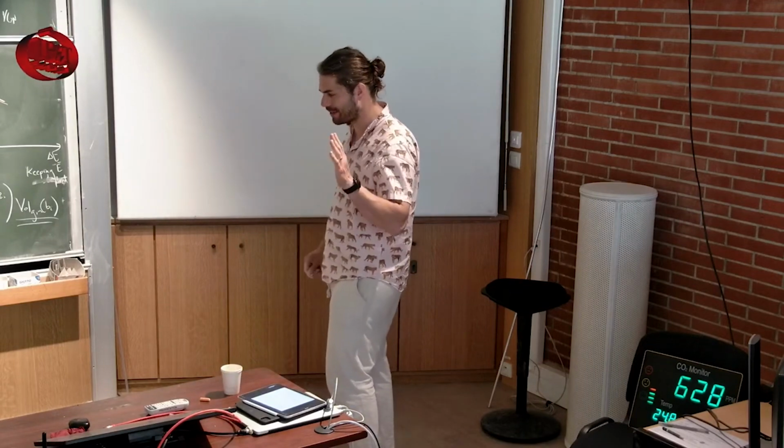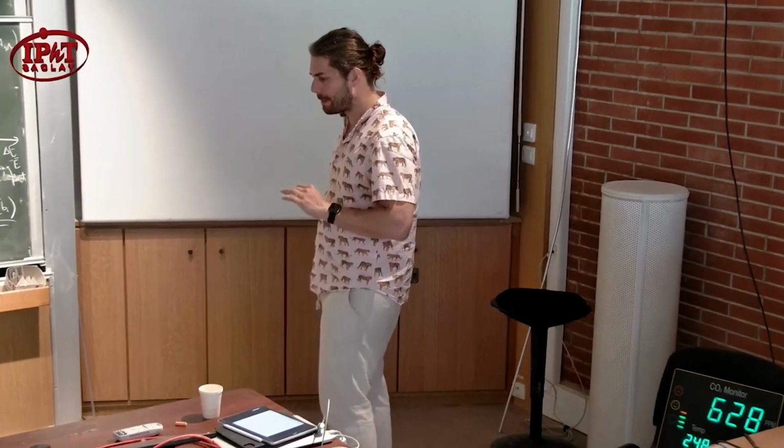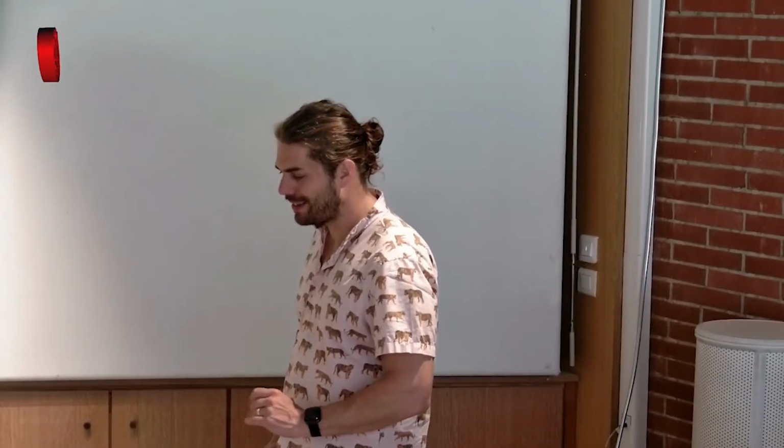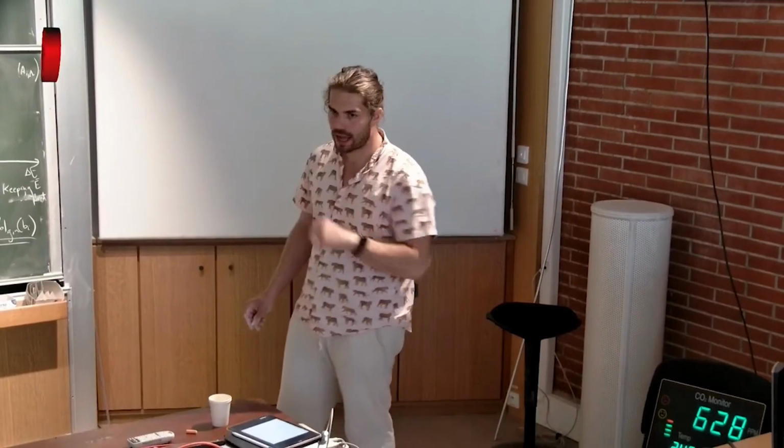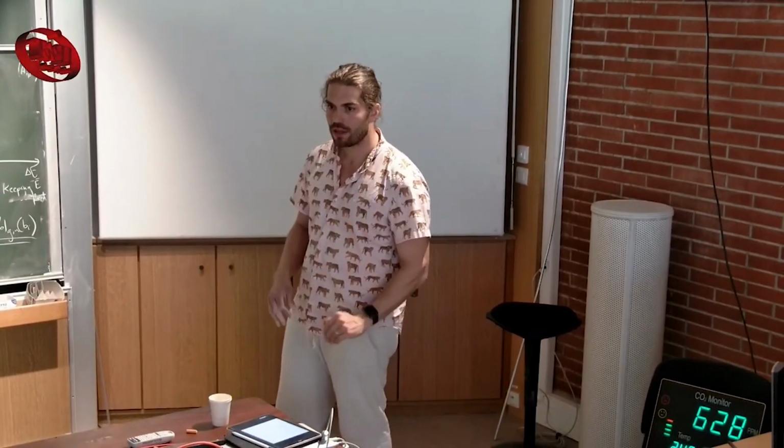Good. So let me start by answering the first question. I would guess that the wormhole that you would find in 10 dimensions would at most give you some information about the statistics that these eigenvalues satisfy.